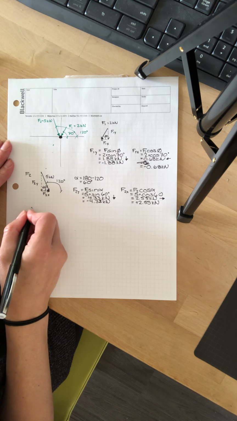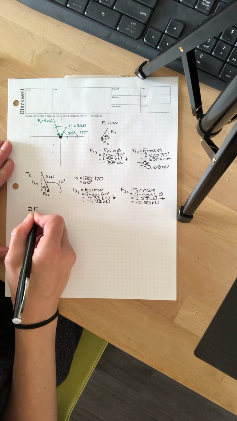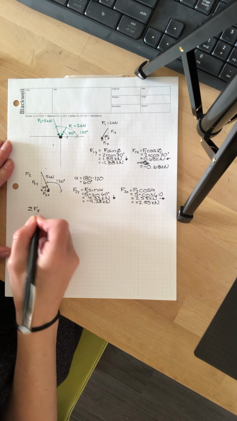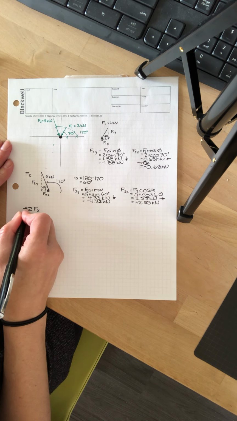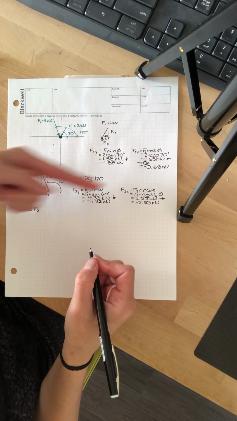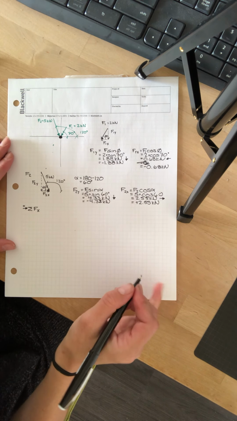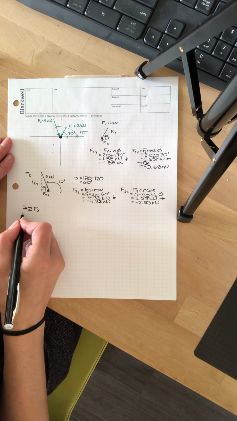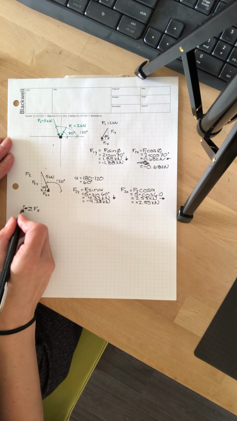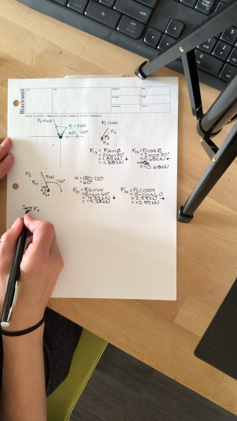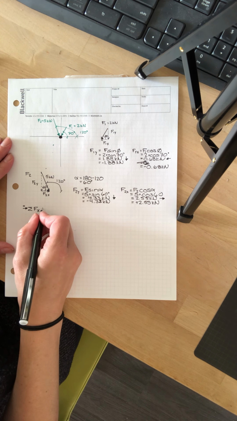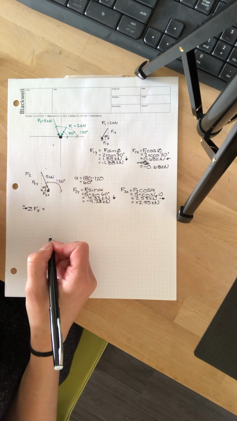So now let's sum up all the forces in the x direction. I always just like to remind myself that anything in that direction is positive. So you'll often see this symbol right here where I've got an arrow showing what direction is positive and that I'm summing up all the forces in that x direction.